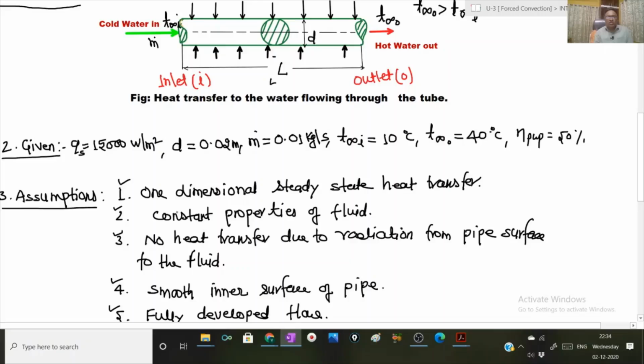We are considering purely convective heat transfer from pipe surface to the fluid. 4, smooth inner surface of pipe. Any effect of pipe roughness is not taken into account on the heat transfer rate. And fifth assumption, fully developed flow.